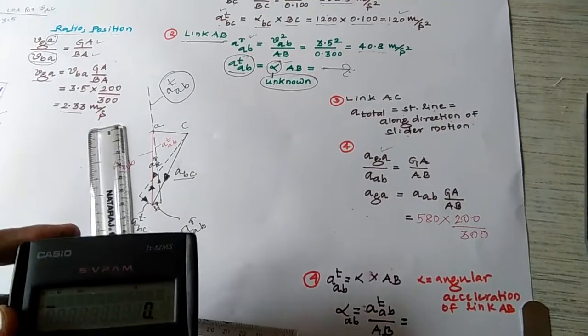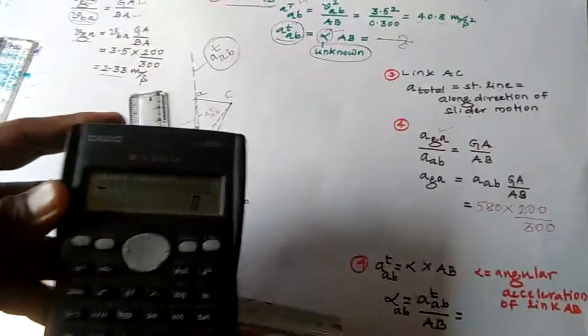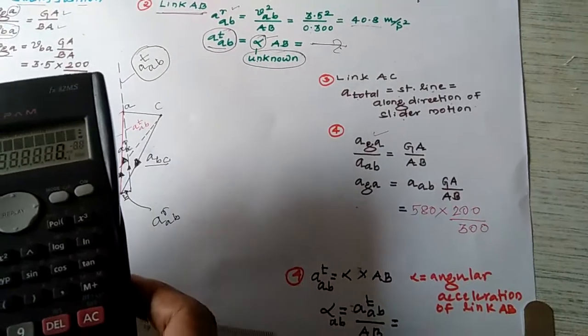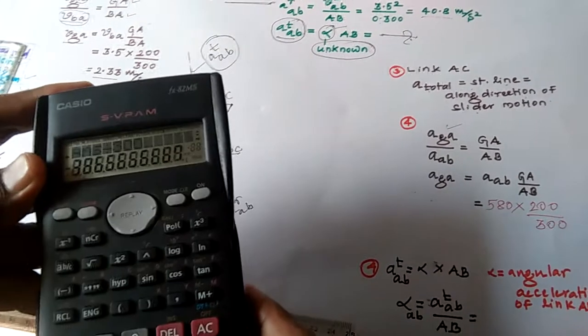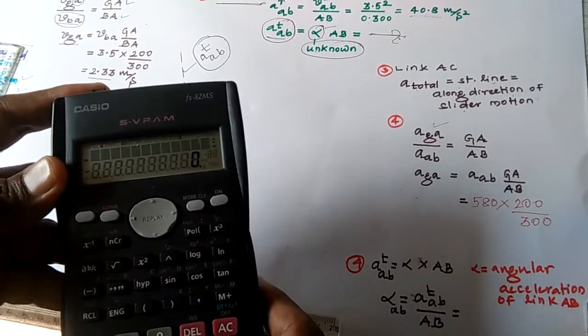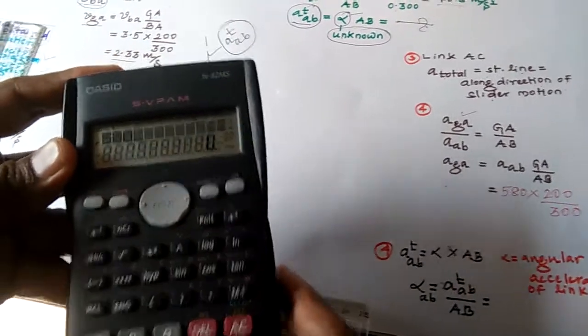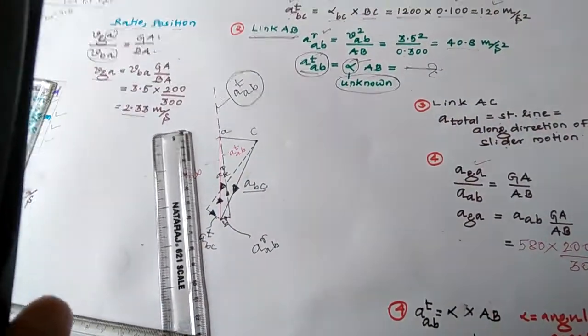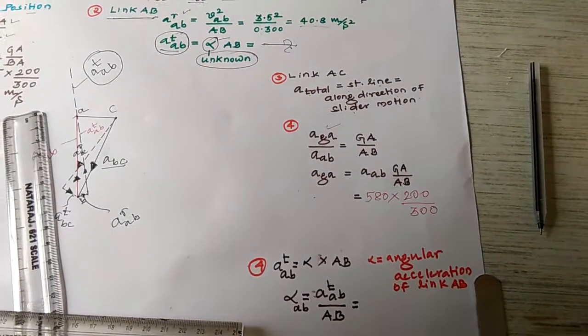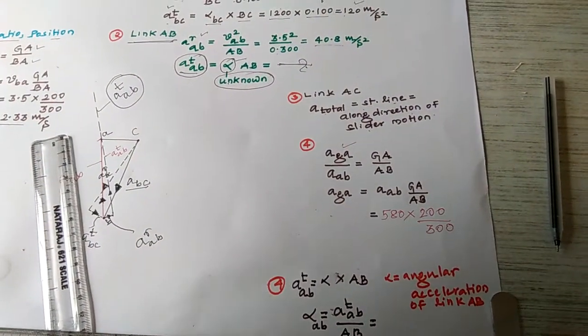Then it comes as 580 into 200 divided by 300.